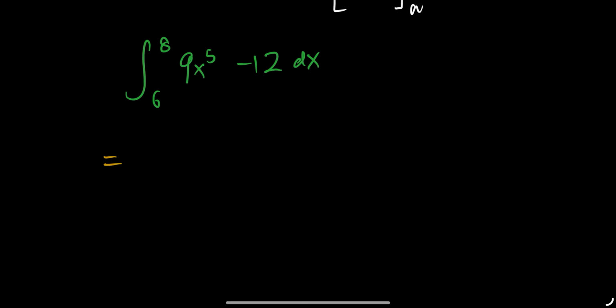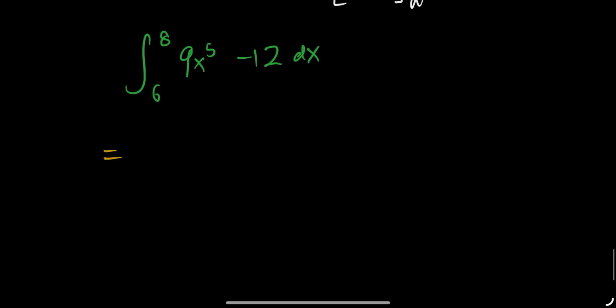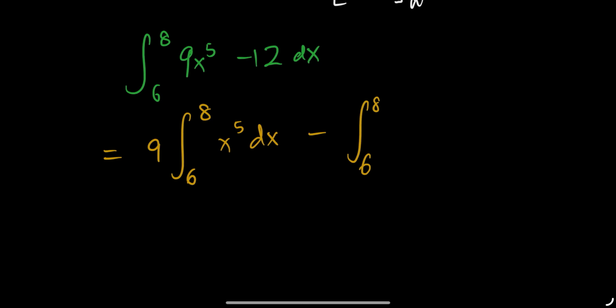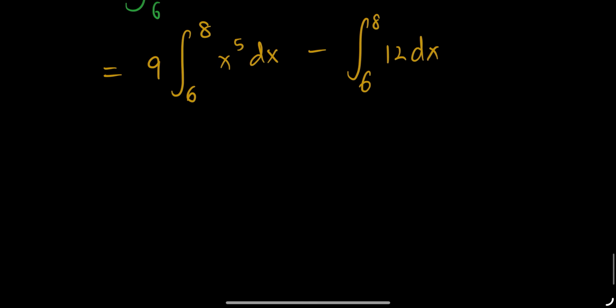So again, we use our constant multiple, we bring out a 9, we split this integral, and we know that it is the same thing as 9 times the integral from 6 to 8 of x^5 dx minus the integral from 6 to 8 of 12 dx, right? We know that the answer is obviously 9 times x^6 over 6 minus 12x.